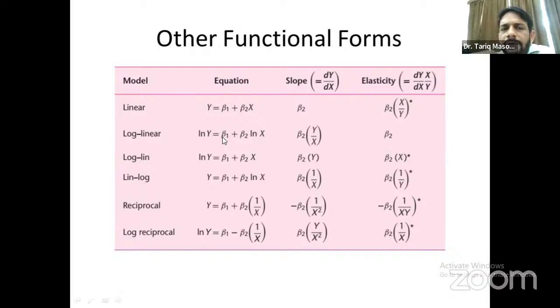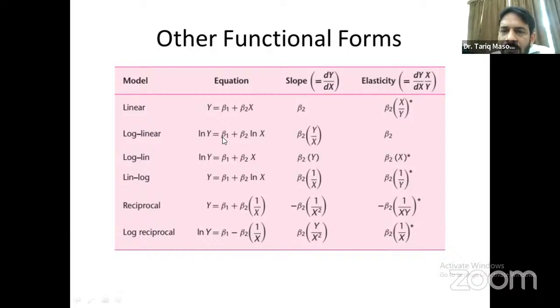We also take log for converting any non-linear model into linear form. One example, which is very common in economics, is the Cobb-Douglas production function.